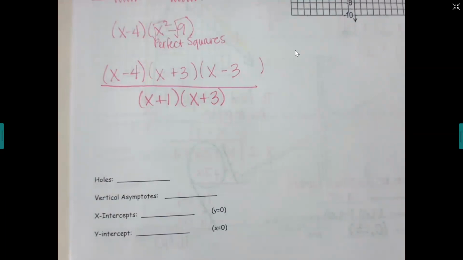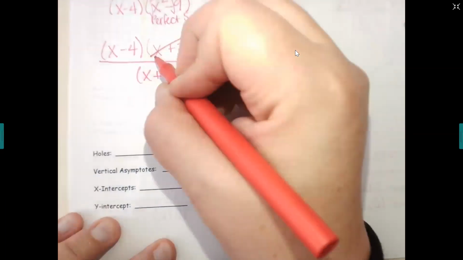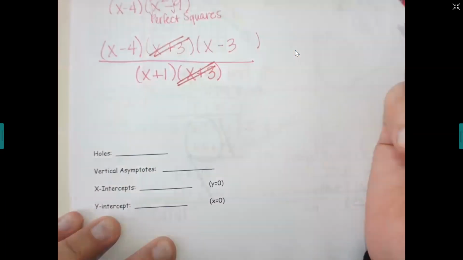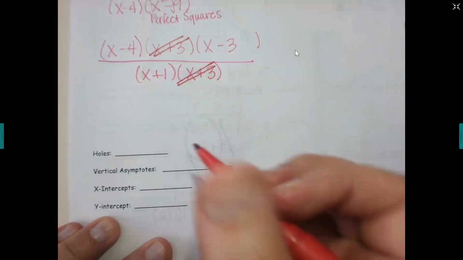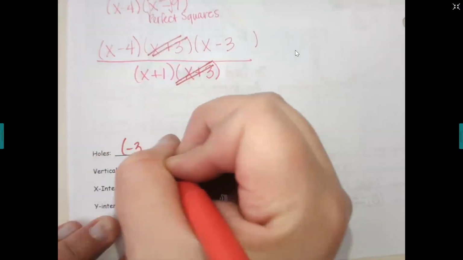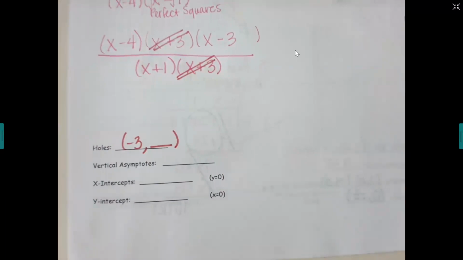First feature that I'm looking for are the ones that cancel. What's going to cross out here? And if it's a plus 3, what feature will I have? It'll be minus 3, but which feature? Hole. So it'll be negative 3 comma something. Okay, vertical asymptotes are x's left on the bottom.